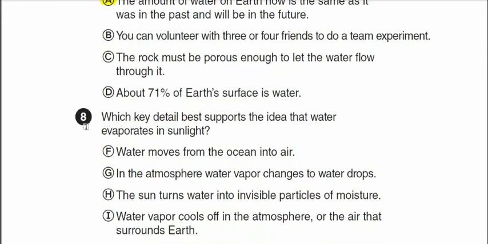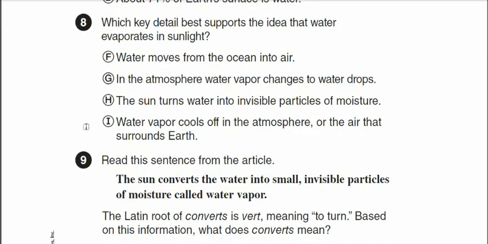After that, question number 8. Which key detail best supports the idea that water evaporates in sunlight? The choices, letter F, water moves from the ocean into air. G, in the atmosphere, water vapor changes to water drops. H, the sun turns water into invisible particles of moisture.